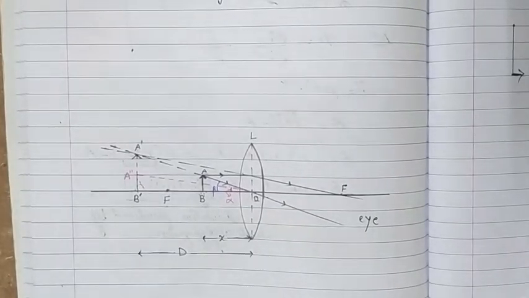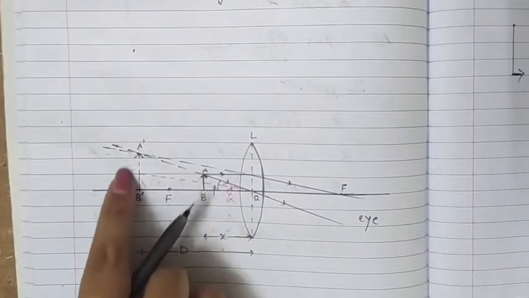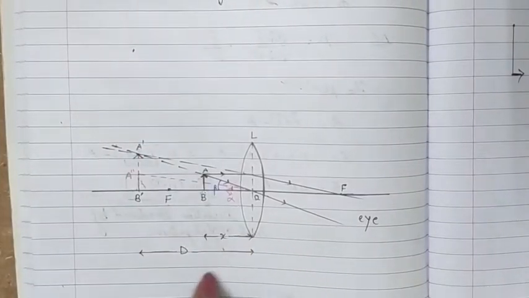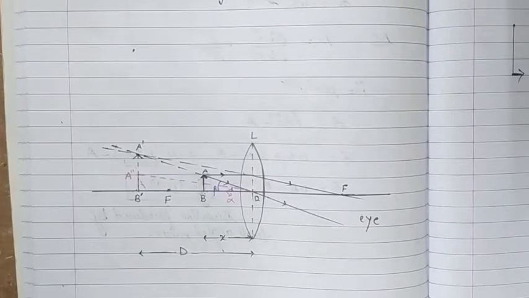So we adjust our lens such that the image we get, A dash B dash, should be at the distance D. This is how we get the image.